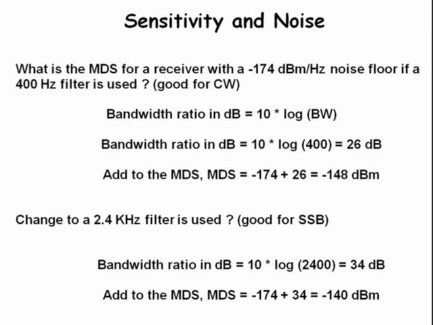Suppose we change to a 2.4 kilohertz filter. The bandwidth in dB would be 10 times the log of 2400, which equals 34. Again, we add that 34 to the MDS, which would give us minus 174 plus 34, which is minus 140 dBm.